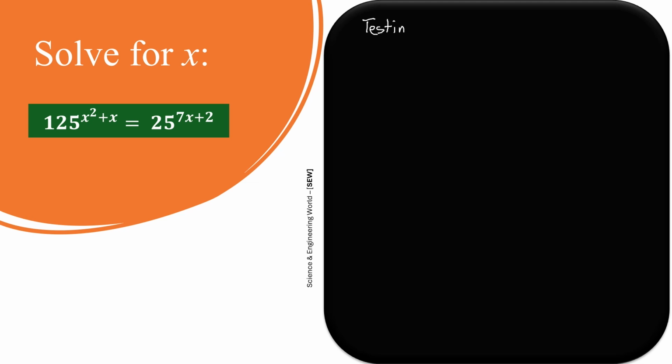The first root is x equals 4, and the second root is x equals minus 1/3. So we want to test this on our equation 125 to the power x squared plus x equal to 25 to the power of 7x plus 2.